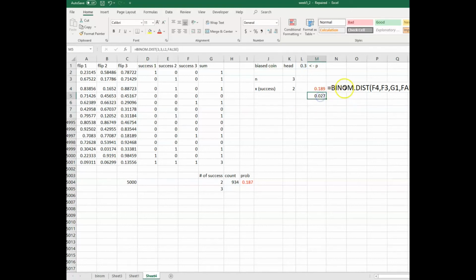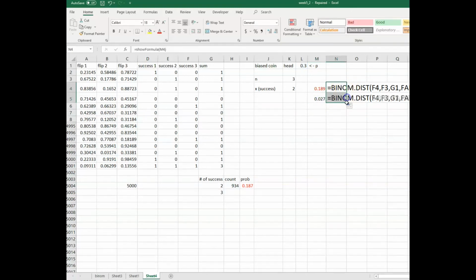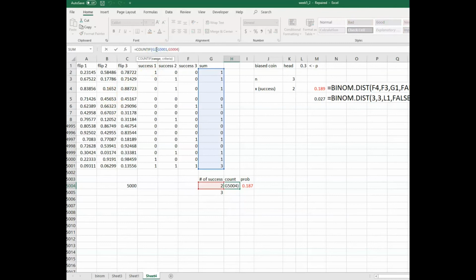And we know it is 2.7%. And so we can lock it. So we lock them.